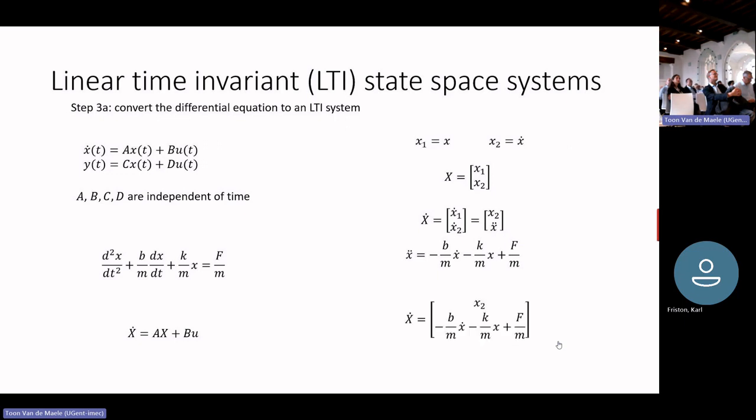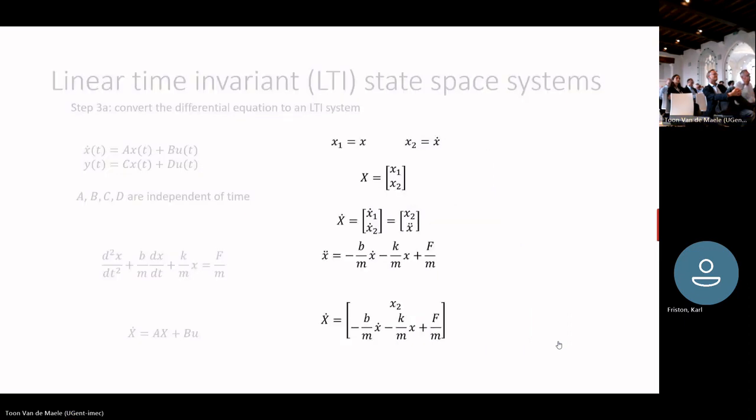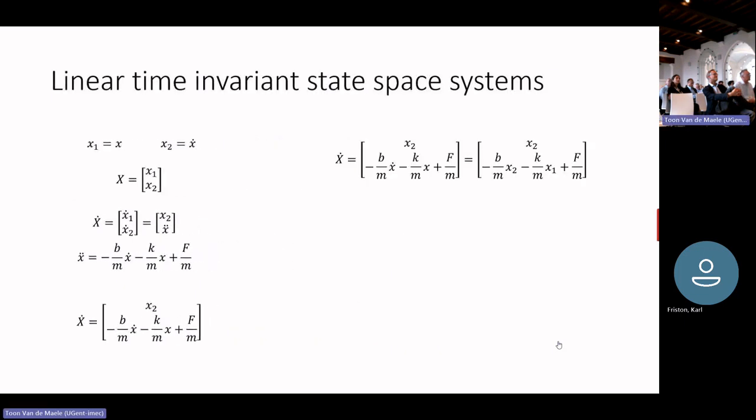At the end, we got X dot in this form. If you hold on for a little more moment, we wrote this down, and at the end, you can rewrite this whole thing in this form, where this is a constant matrix composed of all the properties of the spring mass damper system, which is the mass, the spring constant and the damping ratio.